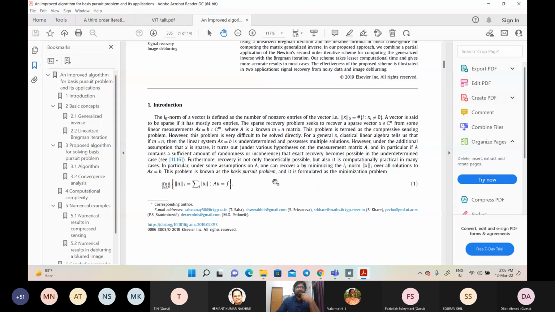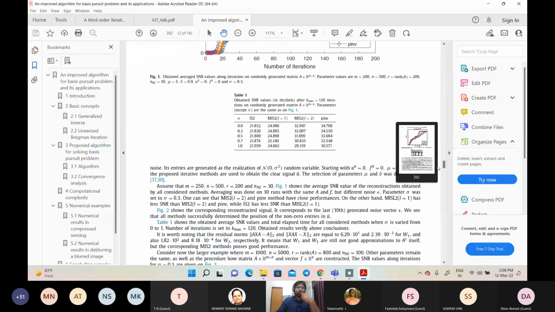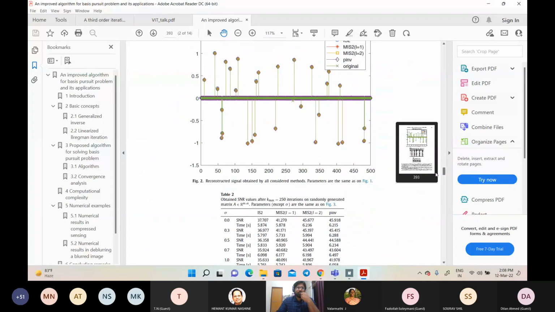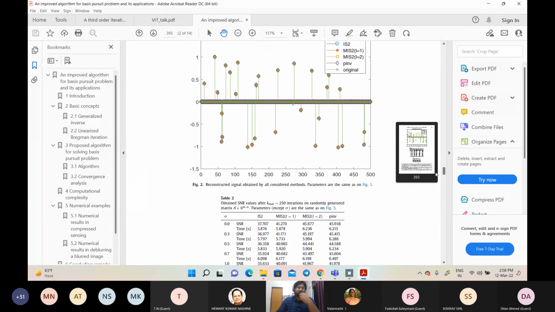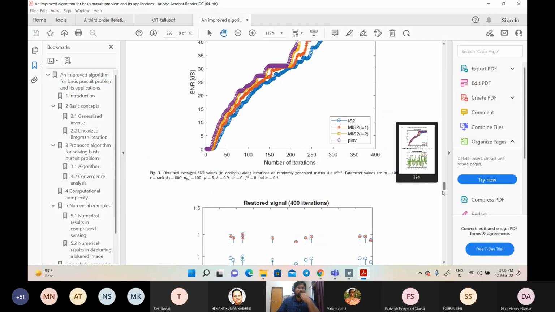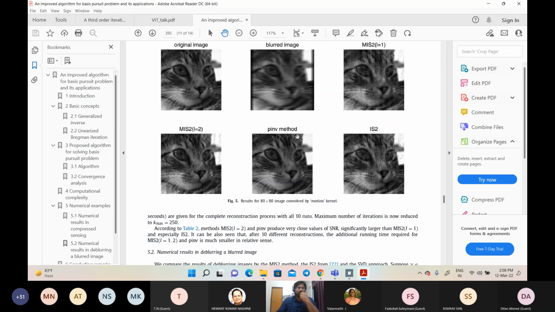We developed a method and applied it to a signal problem, where we compared with SVD and PINV, and on images also. This is our method, with L equal to 2 and L equal to 1, and this is the PINV method.